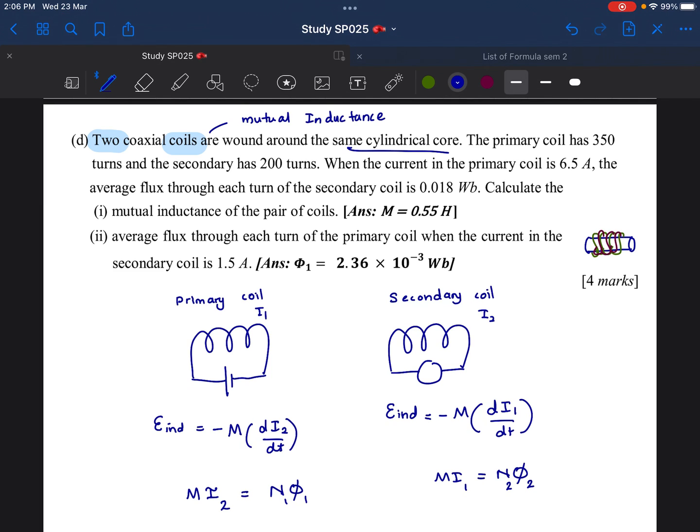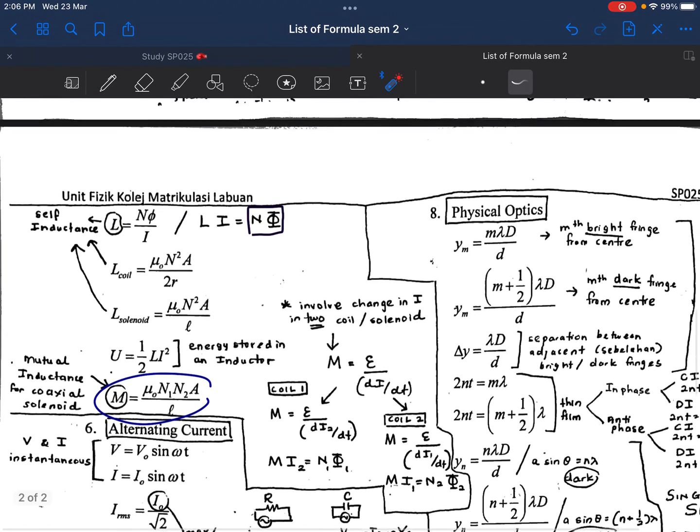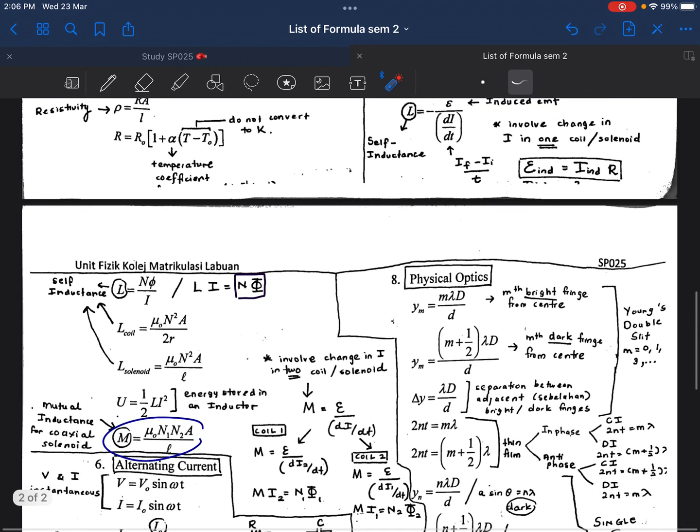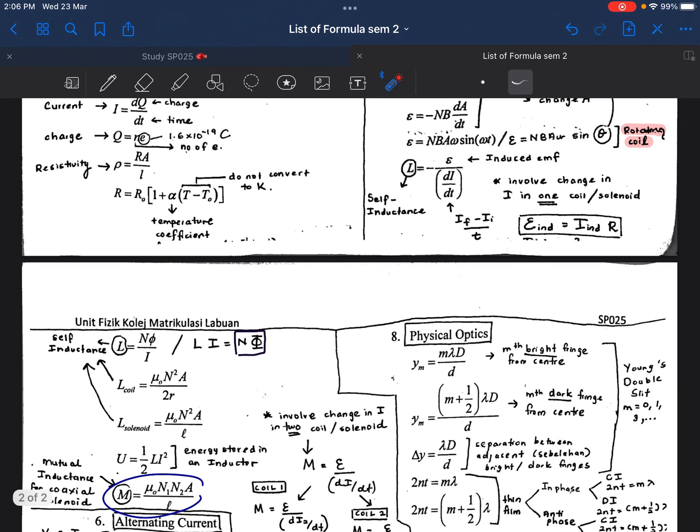So these are the formulas that you have to use for mutual inductance, and it will not be given to you in the exam. You have to memorize these two formulas. Formula yang hanya diberikan kepada kamu dalam exam dalam subtopik mutual inductance adalah ini sahaja. But it's okay if you don't remember, sebab dalam self-inductance and mutual inductance lebih kurang sama dia punya formula. You just substitute this one as M. Kalau self-inductance, dia hanya melibatkan diri dia sahaja, jadi kita tak payah letak dI1 ke apa.